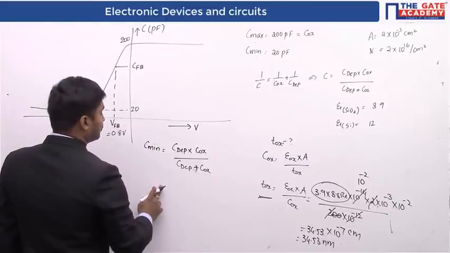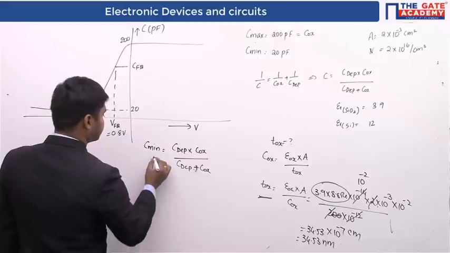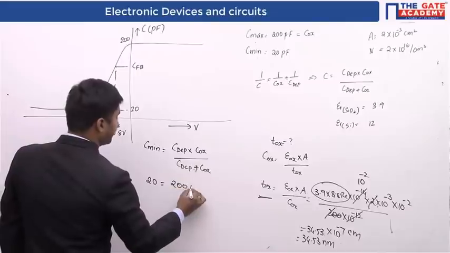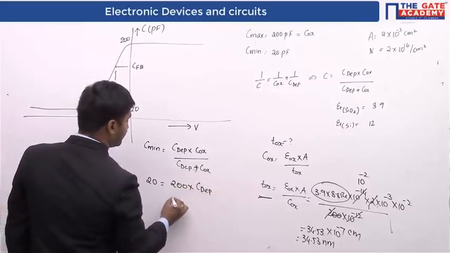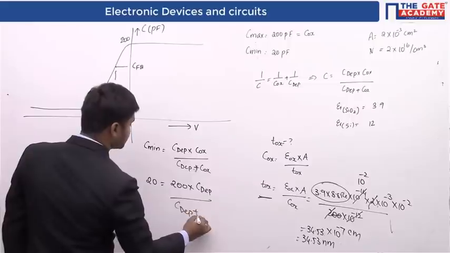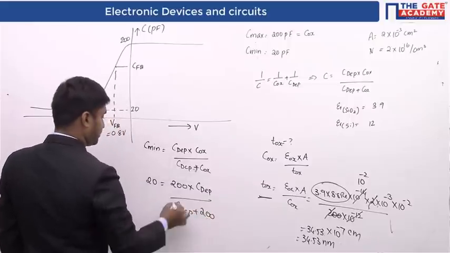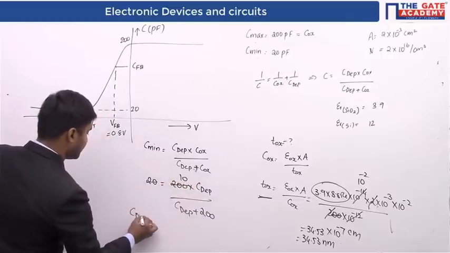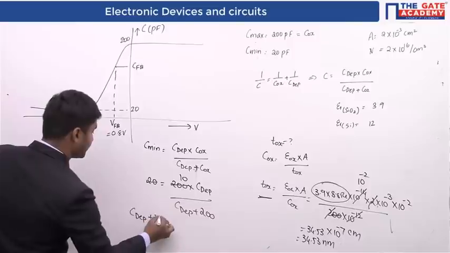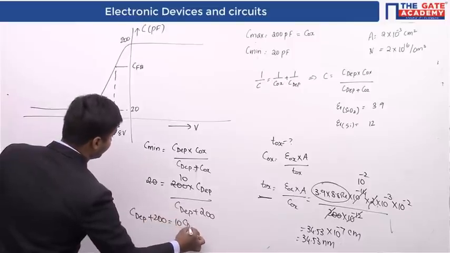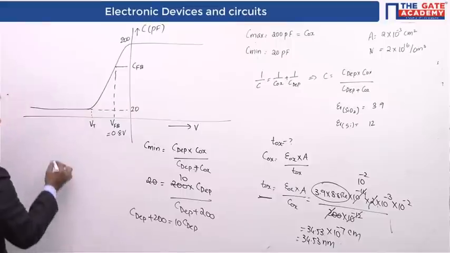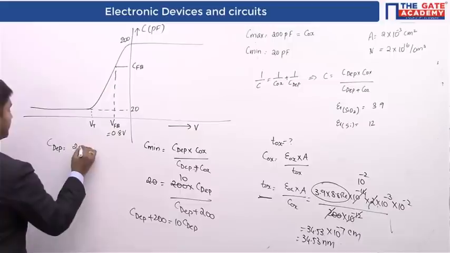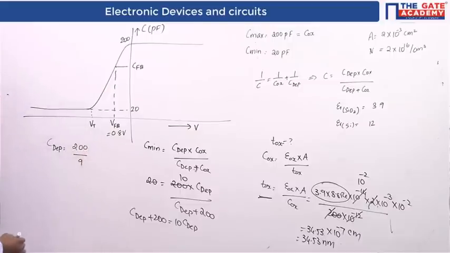Therefore C min, which is 20, is equal to 200 multiplied by C dep divided by C dep plus 200. So here this is 10 times. C dep plus 200 is going to be 10 times C dep. So C dep is going to be 200 divided by 9.